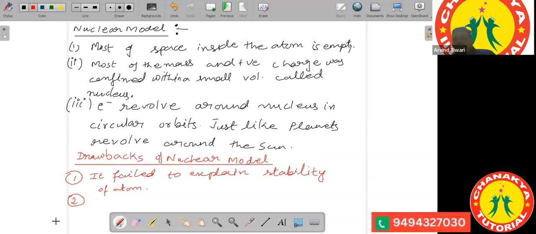If an object moves in a circle, there is a change of velocity. At every point, the velocity is changing. The speed is not changing, but the velocity is changing at every point of time. And hence, if a charged particle or electron moves in a circular path, that means it is accelerating.